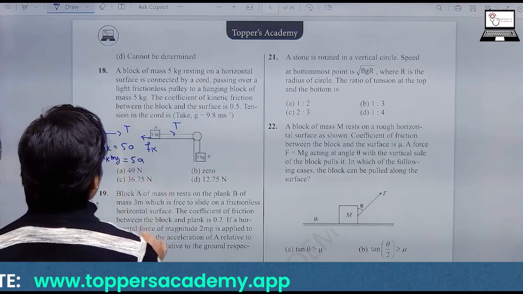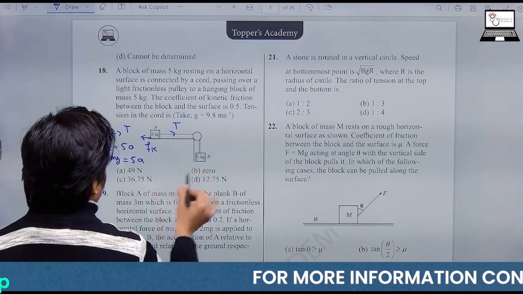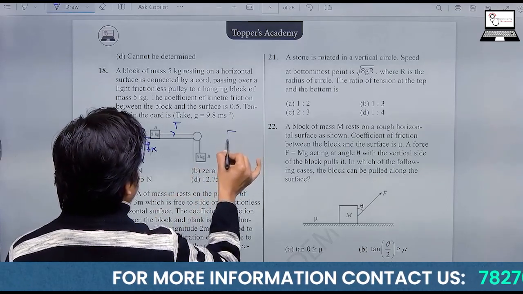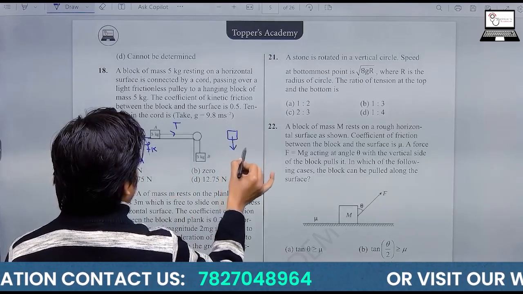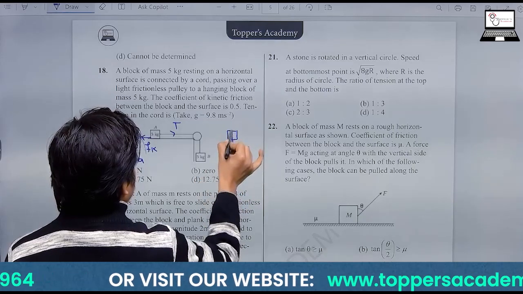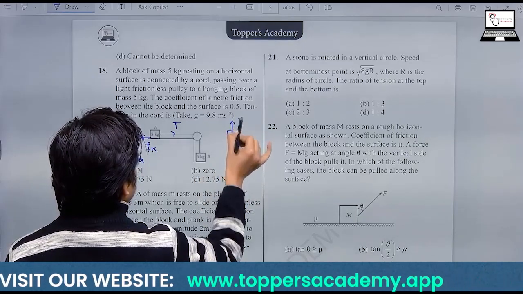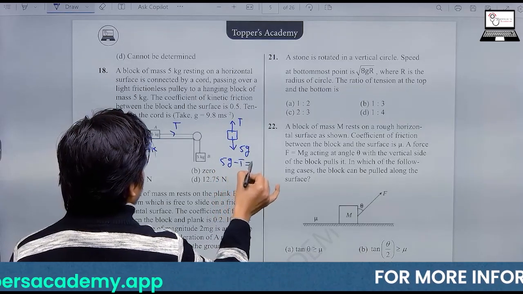This is our first equation. For block B, one force is acting in the downward direction, which is 5g, and a force acting in the upward direction, which is tension. So I can write 5g minus T is equal to 5a.